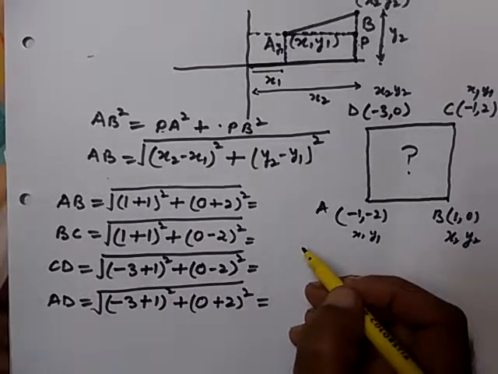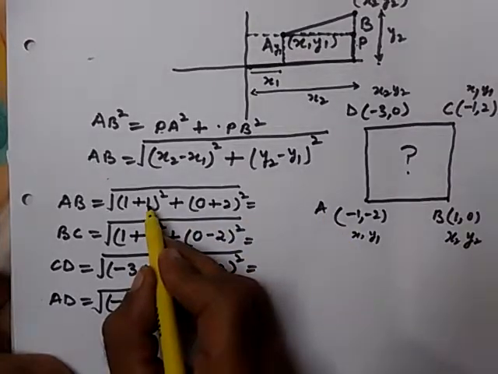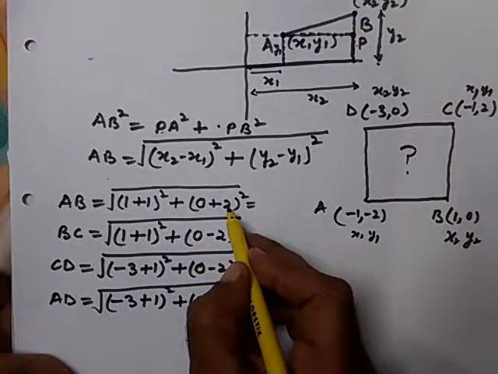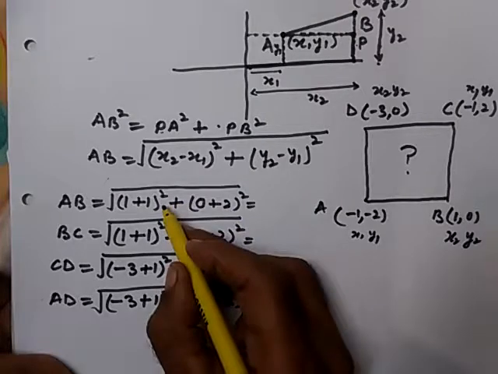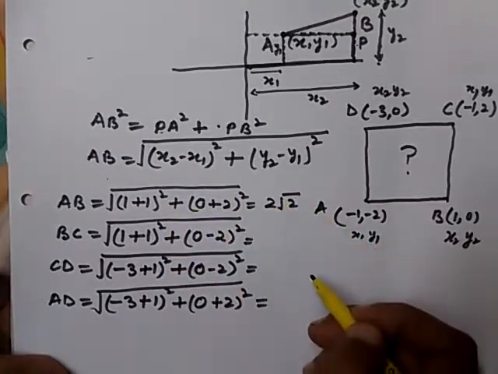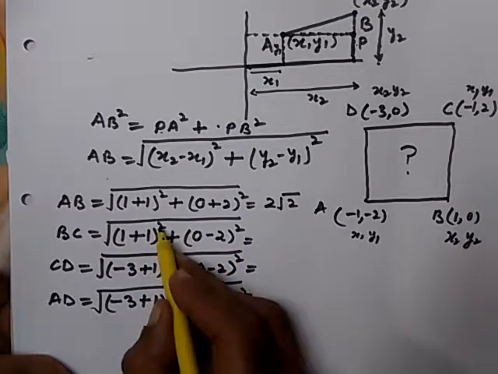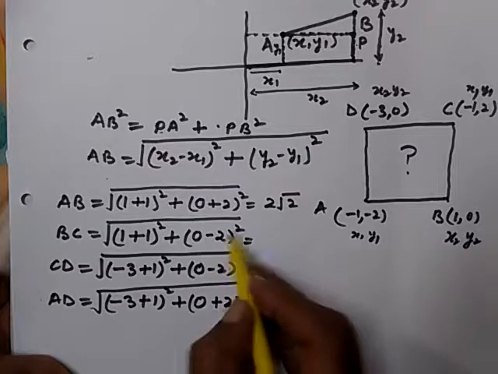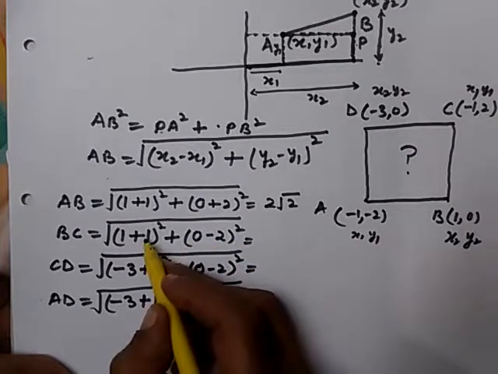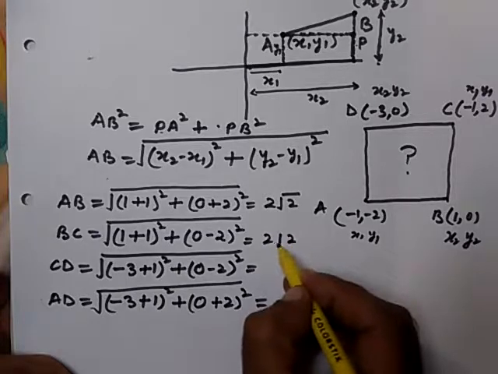Now you need to find out these distances. AB is 2 square 4 plus 2 square 4, 4 plus 4, 8. Under root 8 is 2 under root 2. For BC, this is 1 plus 1, 2. 2 square is 4, plus minus 2 square is 4. 4 plus 4, 8, and under root 8 is 2 under root 2.